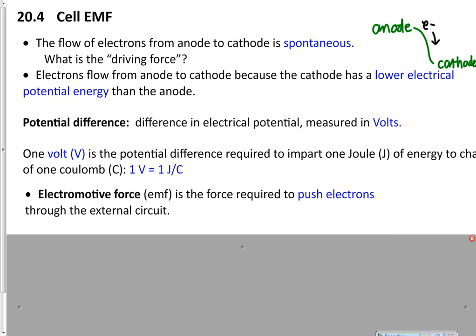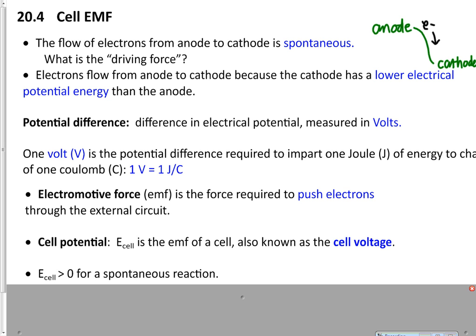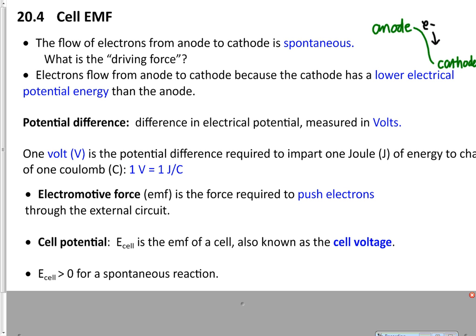Now, we call that force that's required to push electrons through the circuit the electromotive force, or EMF. We can measure the potential difference between the cathode and anode by measuring what we call the cell potential. And that has been given a value of E cell.